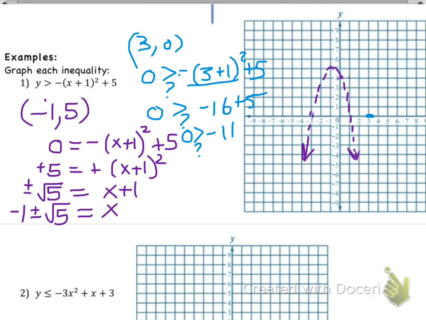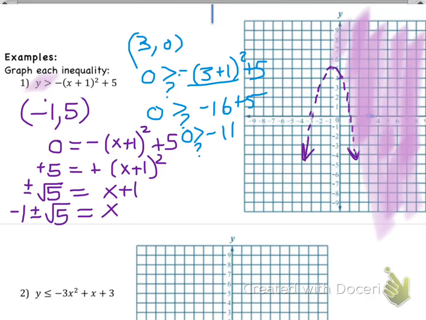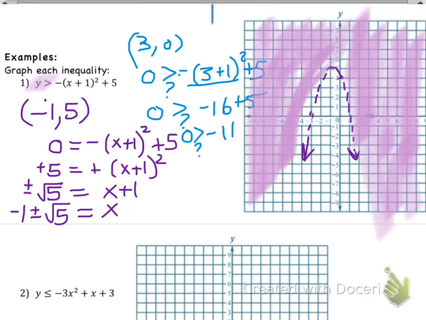So we know that the points on the outside of the parabola or above the parabola work. And that makes sense too, because you have y is greater than, right? So you want everything that's greater than the parabola on y. So everything here. And then that's how you graph an inequality with two variables.